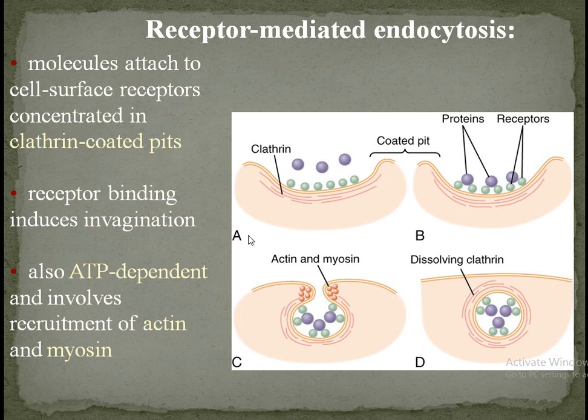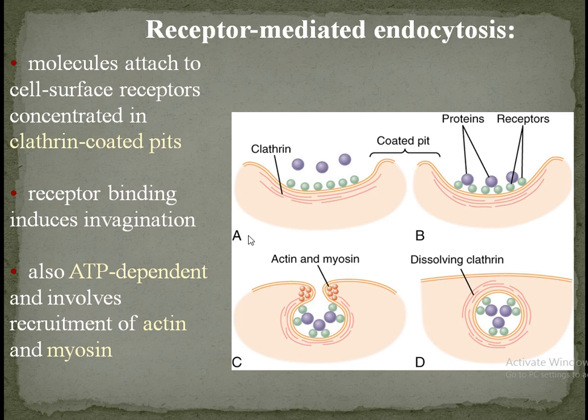After that, we have a very specific function of the cell, that is called endocytosis. Endo means inside and cytosis is the process related to the cell, and it is receptor mediated endocytosis. Why is it named as such?